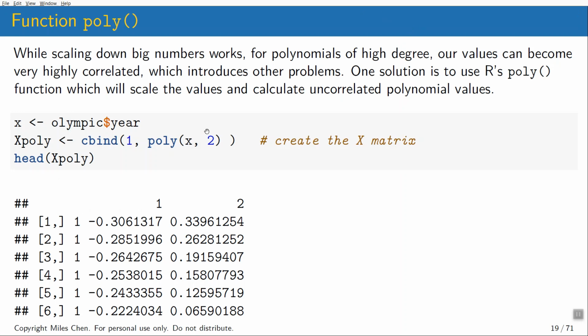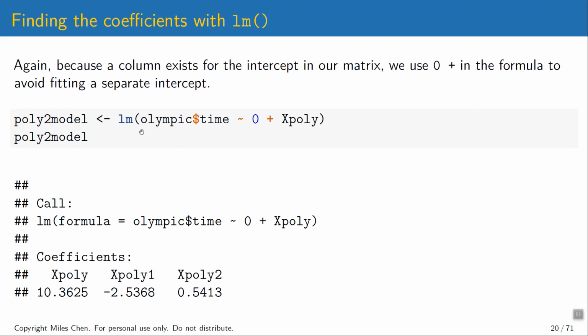Okay, but anyway, here I'm just creating a matrix called x poly, and I'm binding a column of ones with poly x2, and what this will do is it creates two columns, and then here's the head of this matrix.